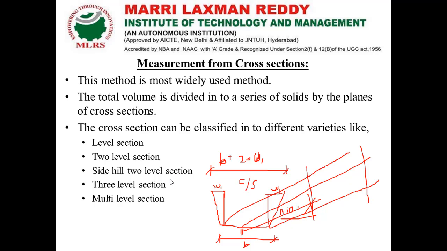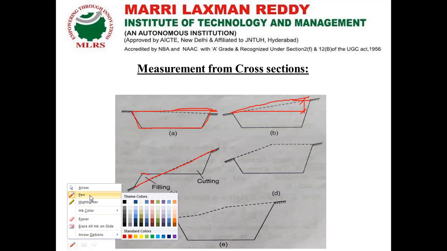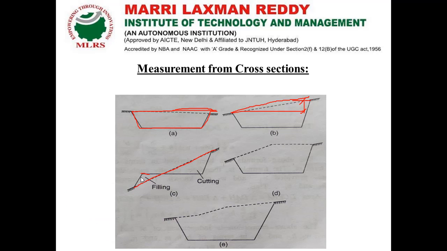Here, if we are going for hilly roads, that time we can get this kind of work. So this is our normal hill profile. If I'm going to do the construction work here, then I have to cut the bund like this.